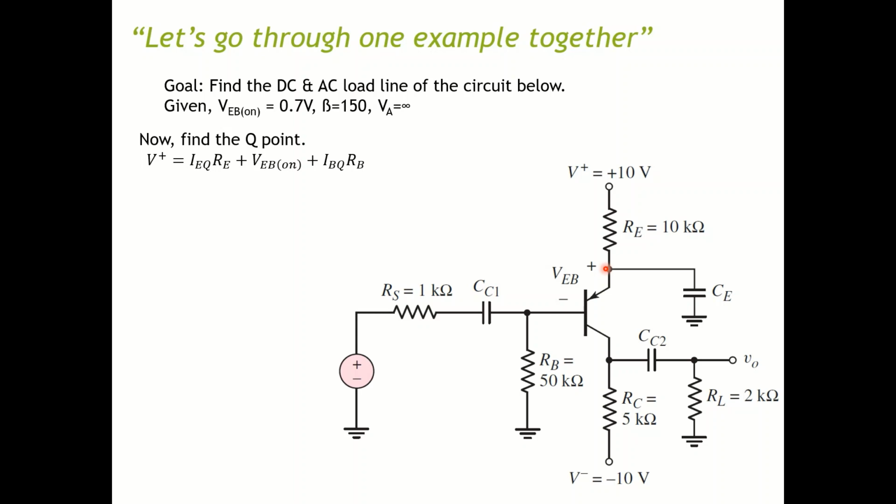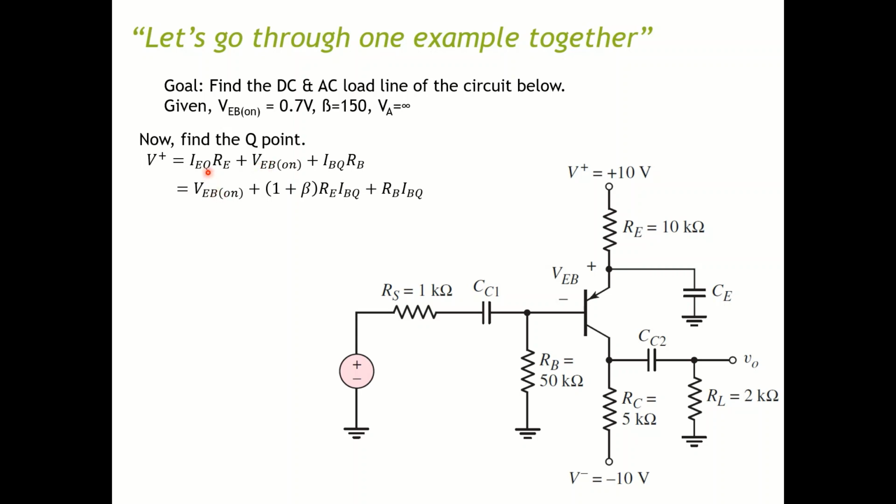Then you add VEB on. Then you add the current across this resistor, IBQ multiplied by RB, and you ignore this portion since you already have a coupling capacitor in here. In DC, this portion will be an open circuit.